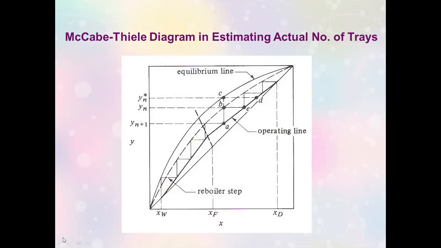Yes, Doc. Since we are not provided with the equation of the equilibrium curve, all we can use is the equation of the enriching section operating line, which can be set up based on the reflux ratio, and the equation of the feed line, which can be set up based on the reflux ratio and the value of Q. Then we have two lines.